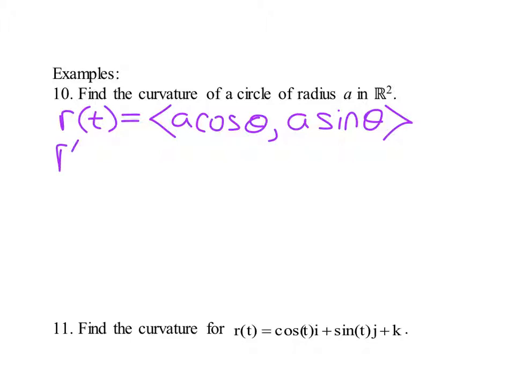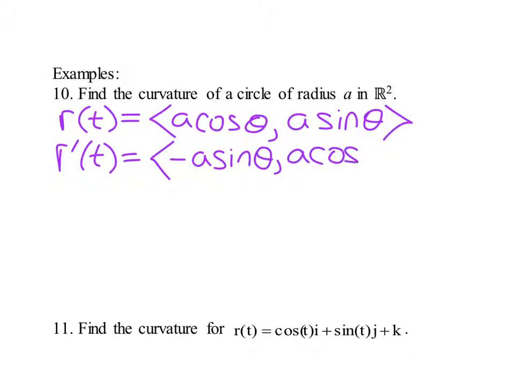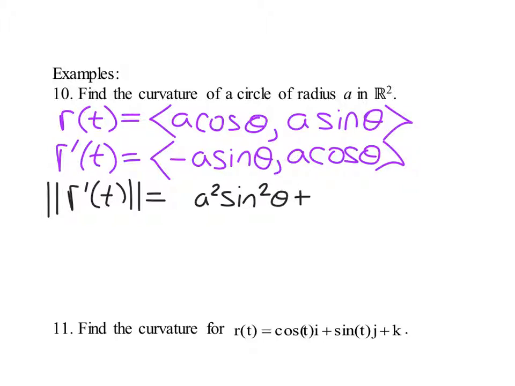All right, if I find r prime of t, so just a derivative, we're looking at negative a sine theta, a cosine theta. The magnitude would be the sum of the squared values. So a squared sine squared plus a squared cosine squared, drop the negative.